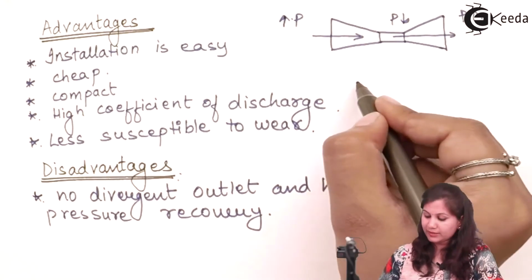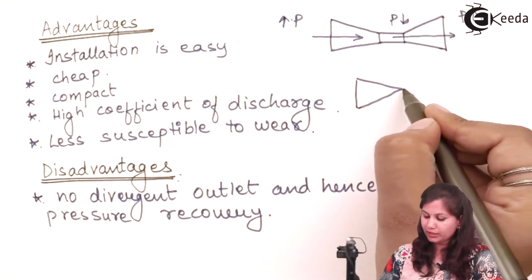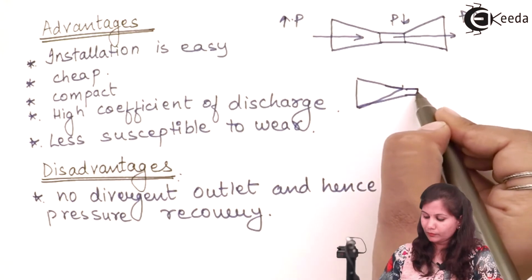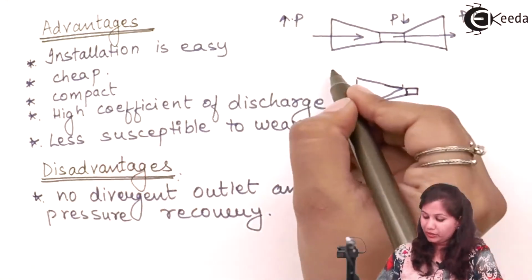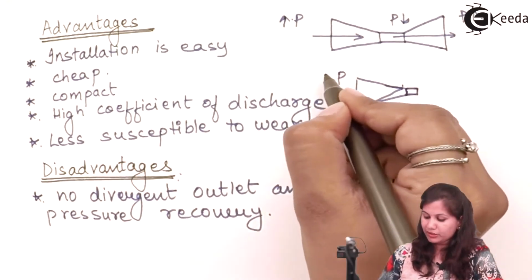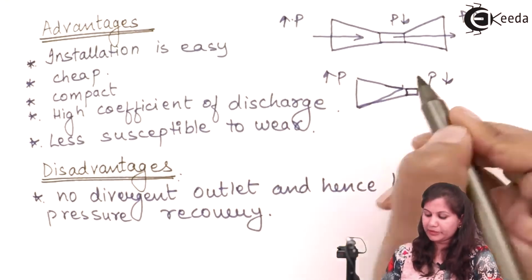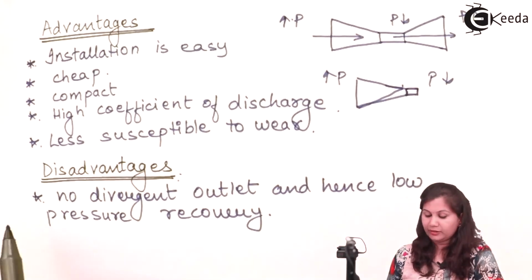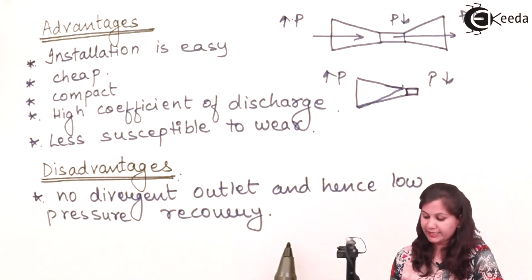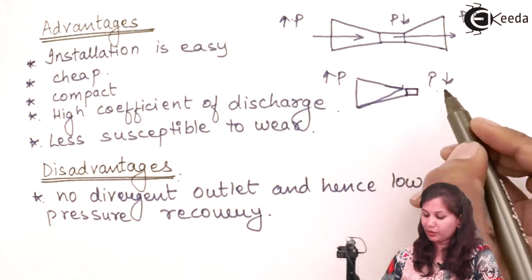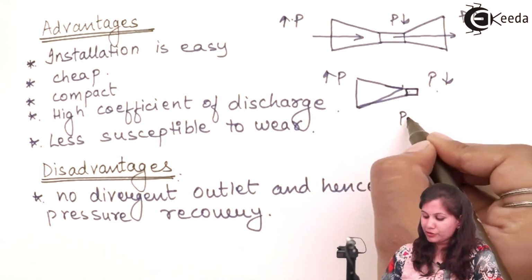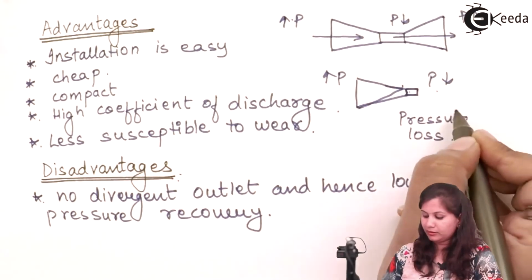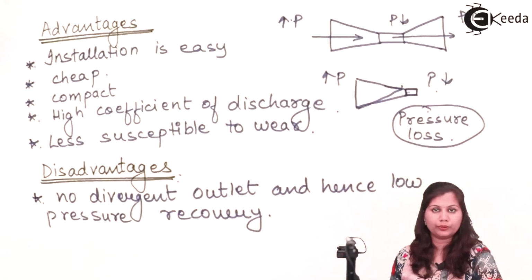But in flow nozzles we have only the converging and the throat part. So when the fluid is entering, pressure is high, and after coming out the pressure is less. So no pressure recovery is there in the flow nozzle, so this is a disadvantage. Also after coming out there will be a pressure loss in the fluid.